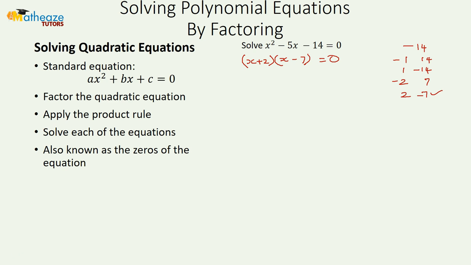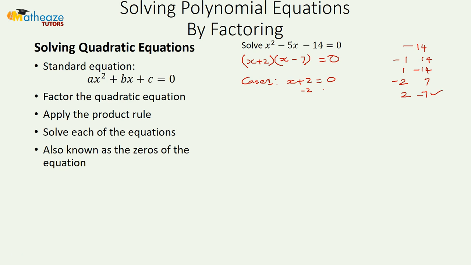Now there's a rule that if the product of two terms gives us 0, then either of those two terms could be 0. So we're going to have case 1, x plus 2 equal to 0.